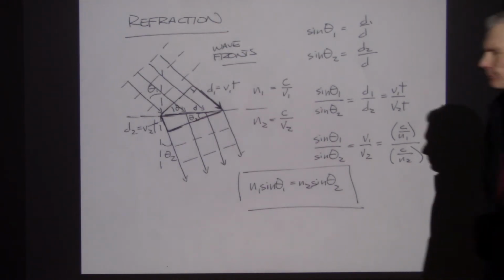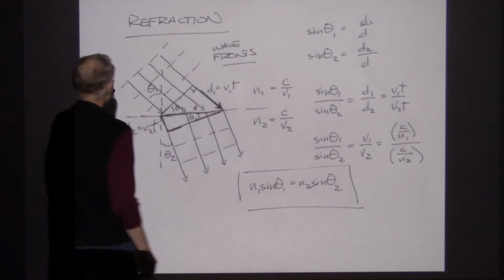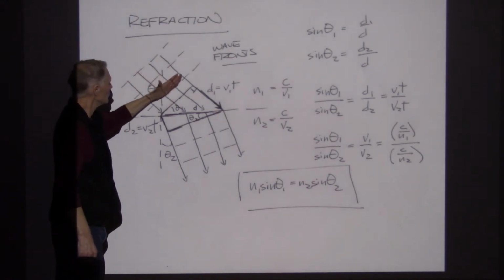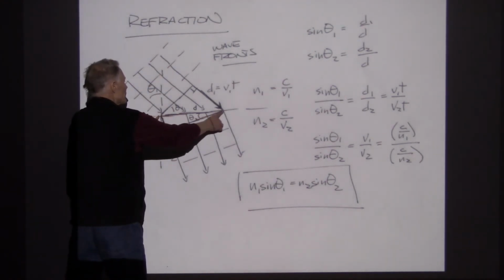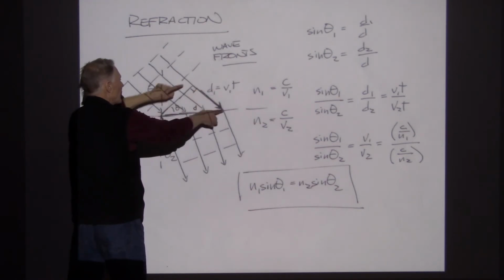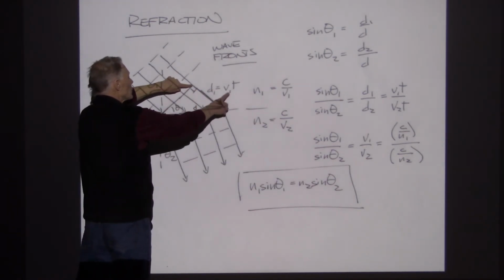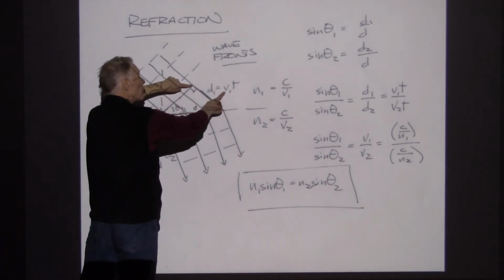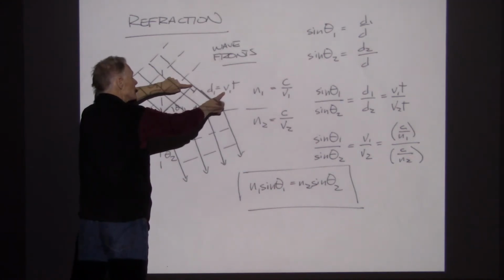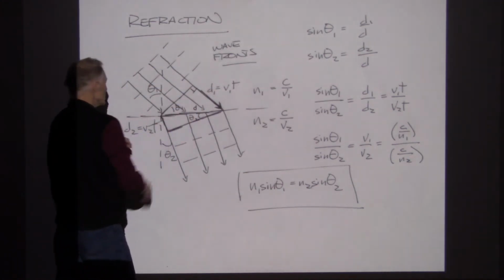So here we are. Here are the wavefronts coming in. Here is D, which is the distance of the hypotenuse. I'm calling this side D1, which is V1 times T, where V1 is the speed of light in this medium.